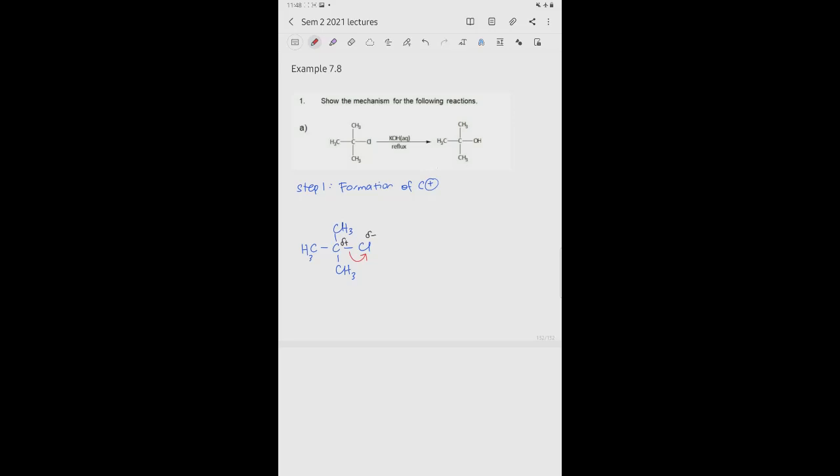Because Cl is more electronegative, it will attract all the bonding electrons, the purple bond here, towards itself. So it will leave the carbon as a carbocation.